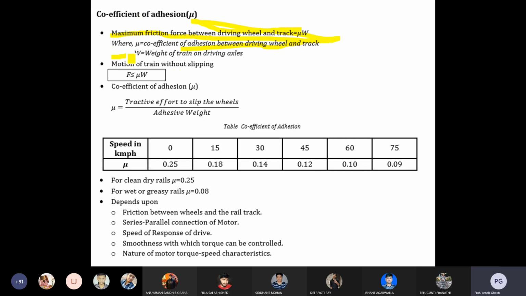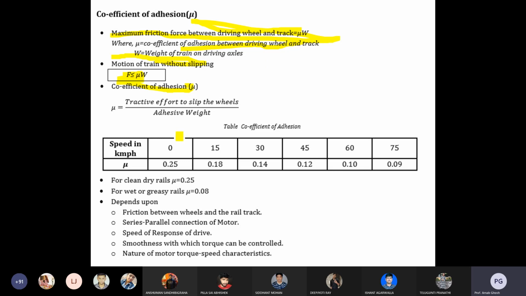So for motion of the train without slipping, the tractive effort should be less than mu W, where mu is the coefficient of adhesion. Otherwise the tractive effort will slip the wheels.